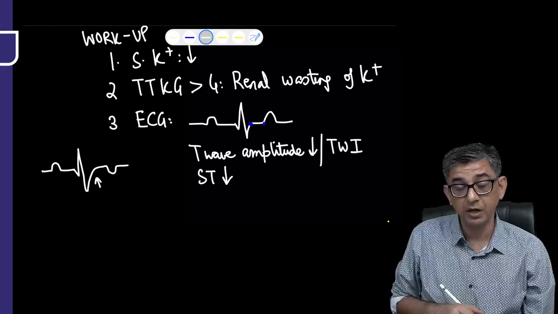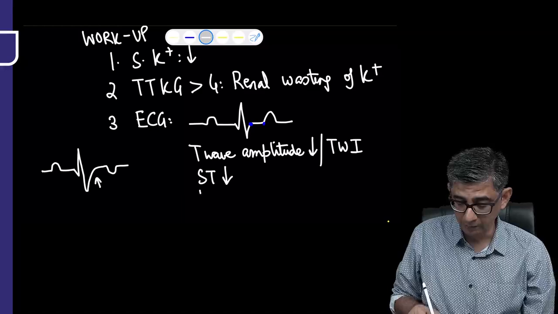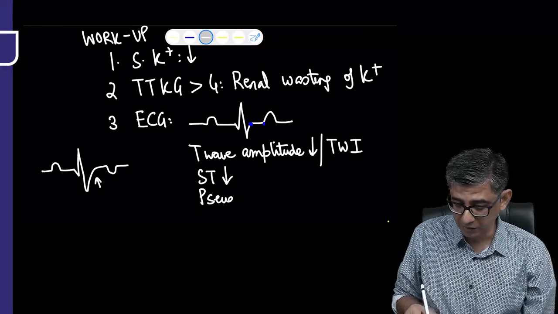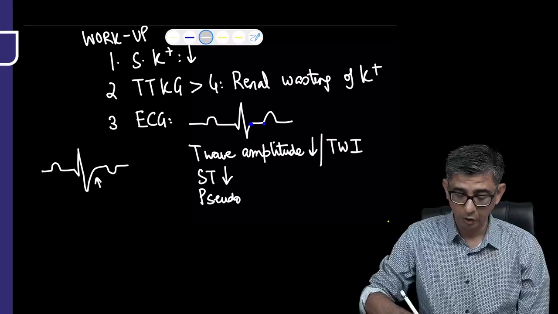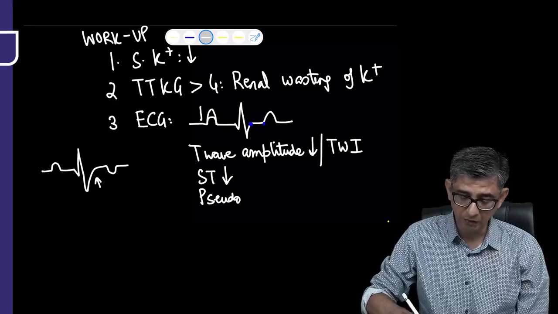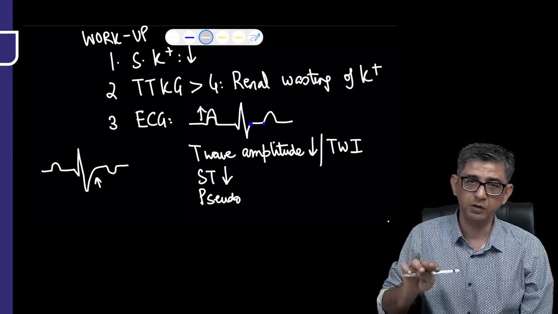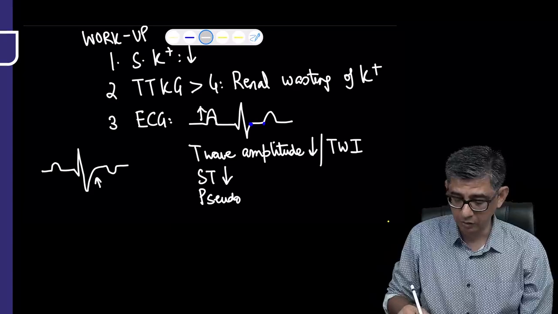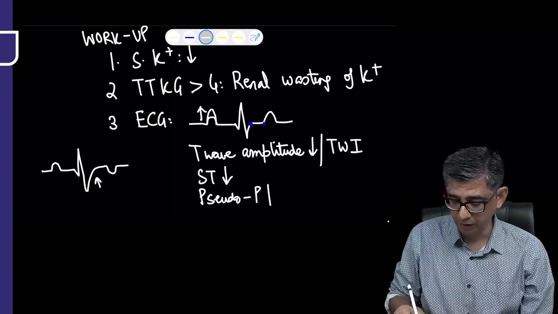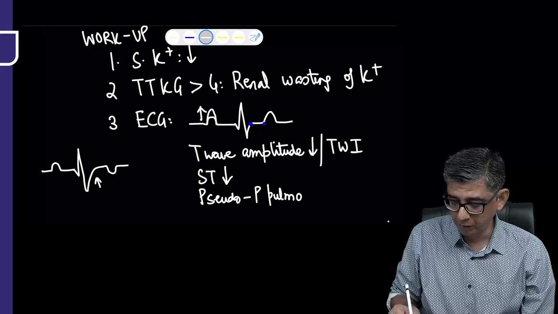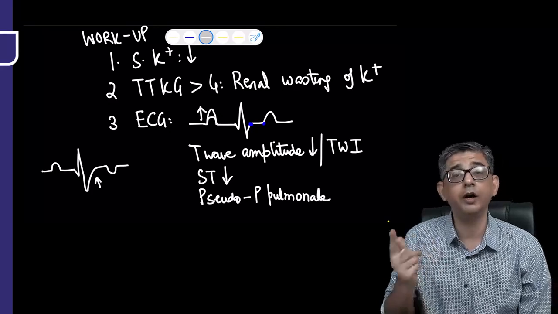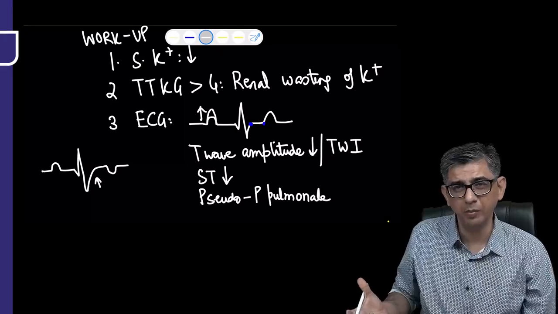The next aspect which has been asked in the exam is that the amplitude of the P wave in these patients will start increasing. You can remember like this: the last wave of the ECG will become smaller, will become negative, and the first wave of the ECG will start becoming taller. So the word is pseudo P pulmonale. Traditionally, we read about P pulmonale with pulmonary artery hypertension, but here there's no pulmonary artery hypertension.